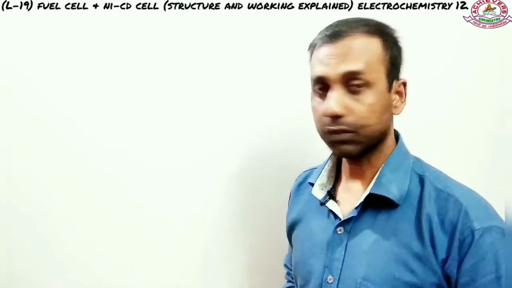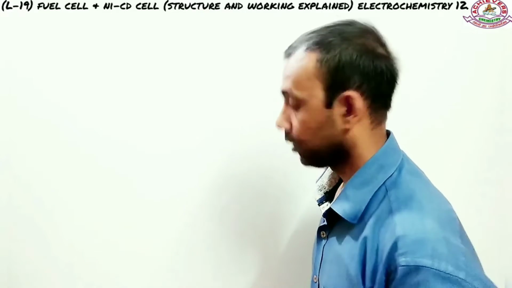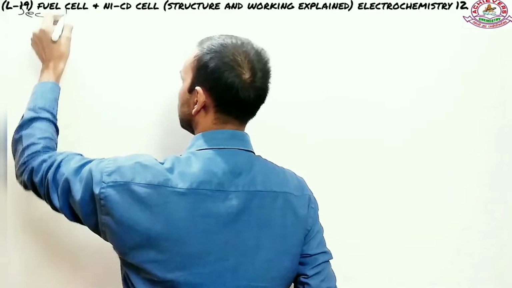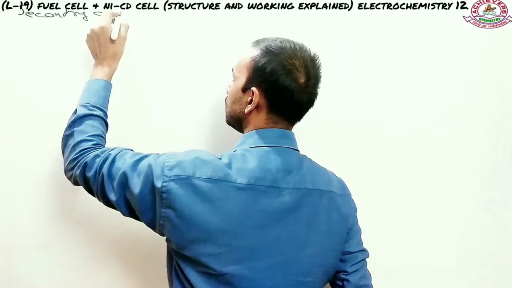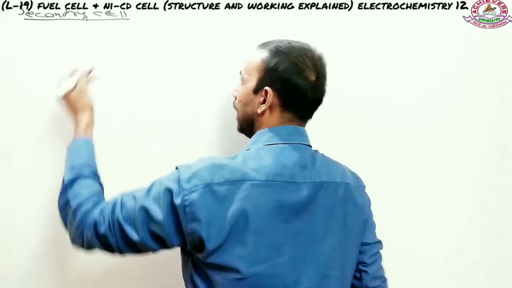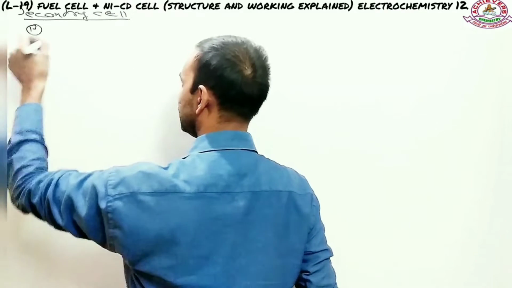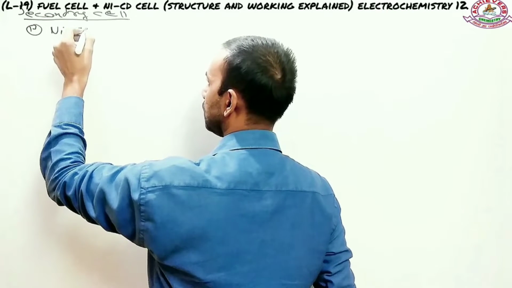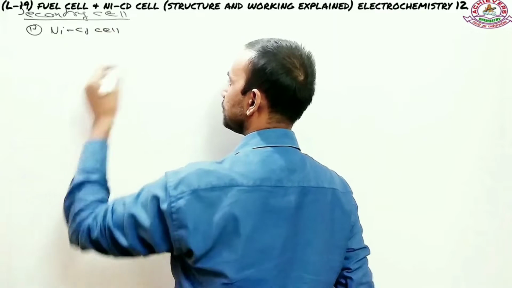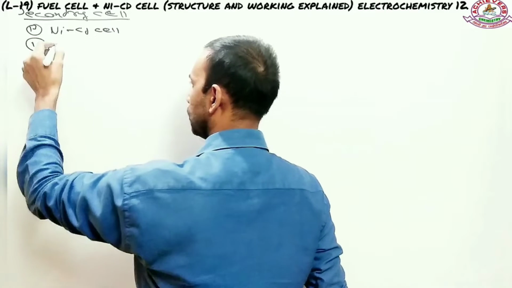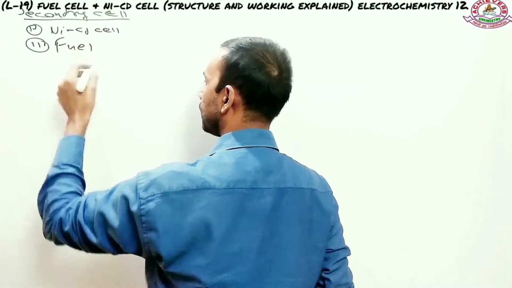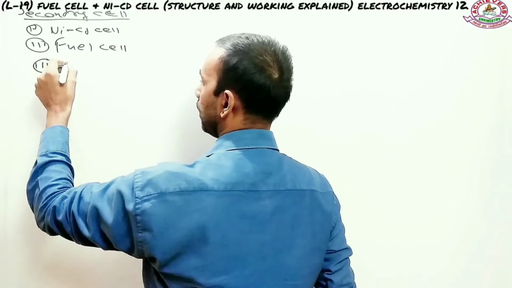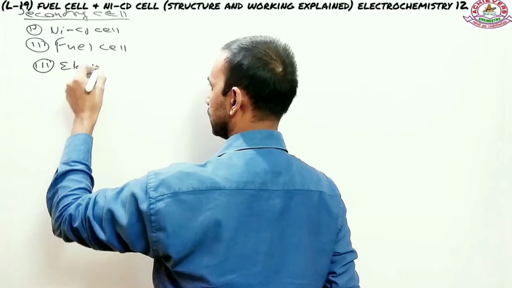The topic I'm starting with is secondary cells. The three things I'll be talking about are the nickel cadmium cell, the fuel cell, which is going to be really very important, and the last thing is the electrochemical aspect of rusting.